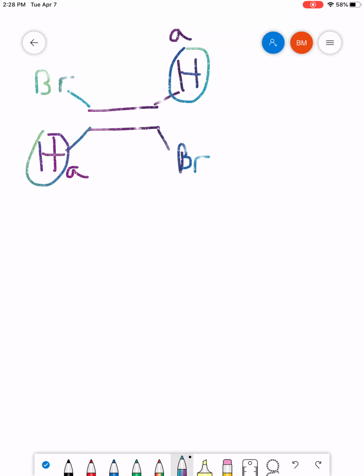However, if we have something like this, I'm going to make this a little bit bigger now. Start moving into some bigger molecules. Let's say we had this. All right, so we have an ethyl and a methyl group on the carbon on the right. And then we're going to put 2 H's over here.